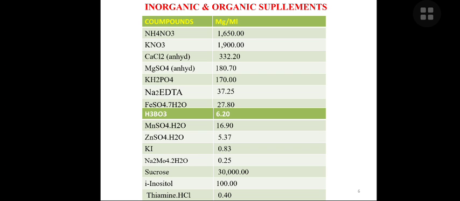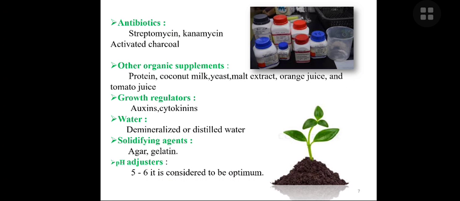Then the nutrient requirements. These are the inorganic and organic supplements that are needed for tissue culture. Apart from that, we use antibiotics because it must be in an aseptic condition. We have to propagate the whole plant, so we mostly add antibiotics such as streptomycin, kanamycin, and activated charcoal in the medium.